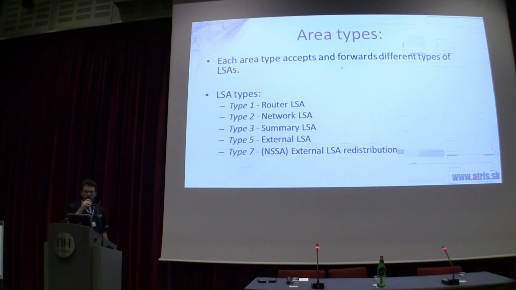So these might be your static routes that you inject into OSPF, or BGP routes that are being injected into OSPF, etc. And then there are type 7 LSAs, which are important for us. They are basically just type 5 LSAs in disguise. So type 7s are just type 5s used in an NSSA area. I know this is a lot of lingo, but hopefully it will make sense in a bit.